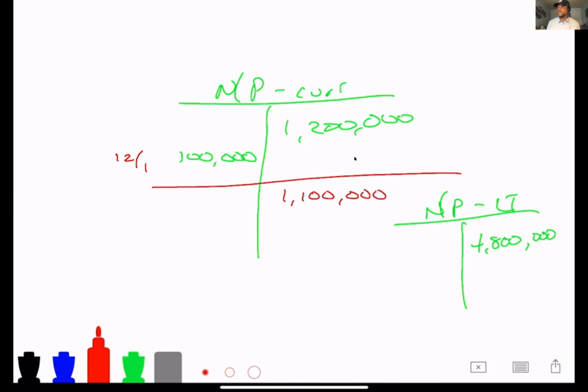But how much do we owe in the next 12 months when we get to December 1st? As of December 1st, how much do we owe over the next 12 months? 1.1 million.